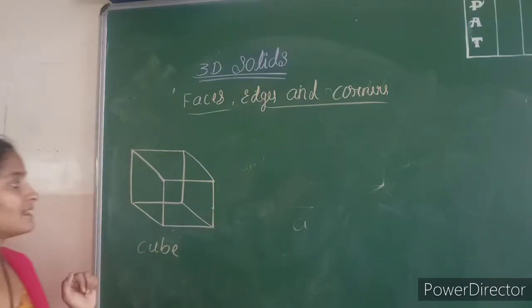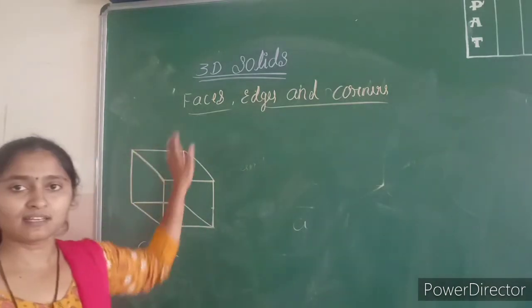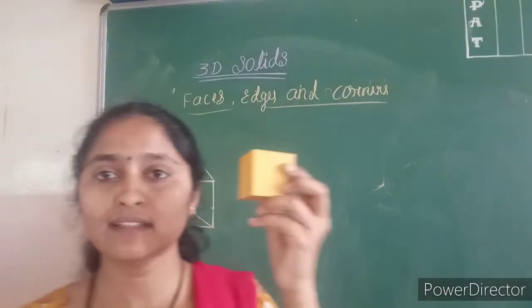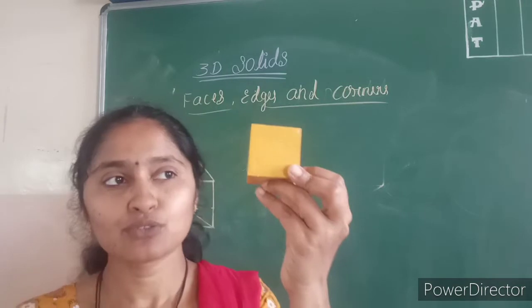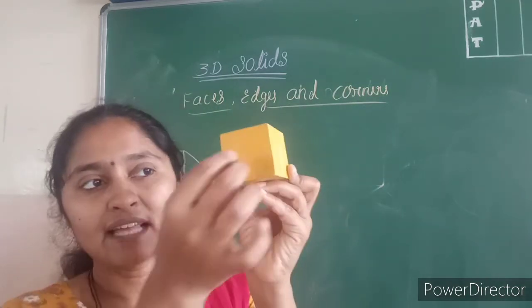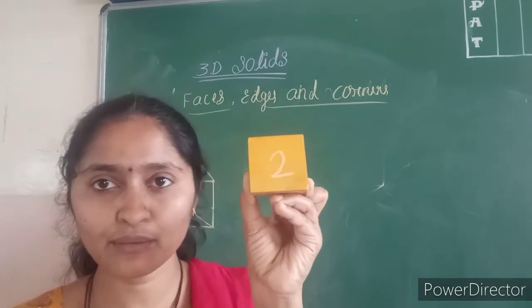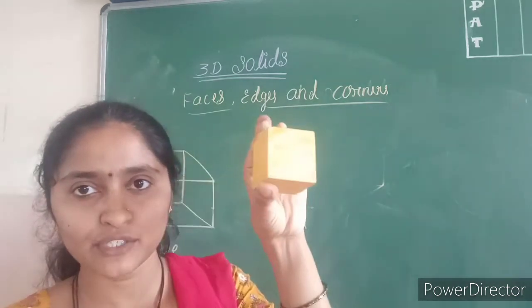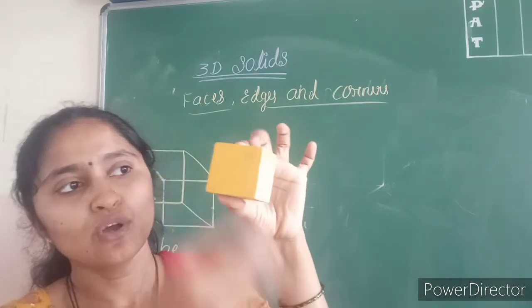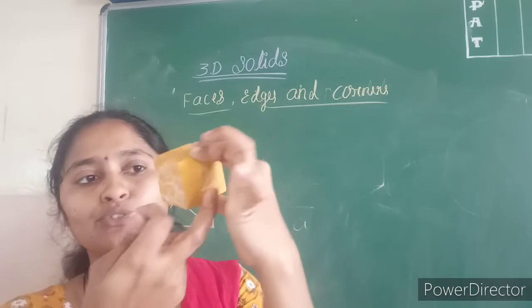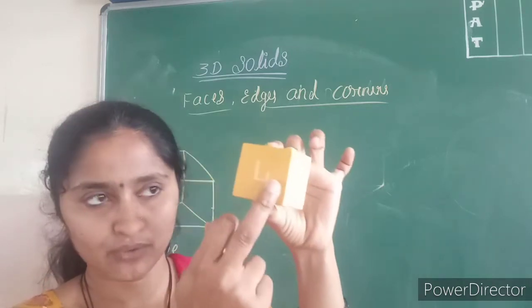Let's learn how many faces a cube has. This is the first face of a cube, and this is the second face. This is the third face of the cube, and this one is the fourth face. 1, 2, 3, 4.